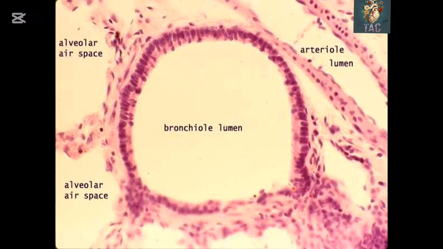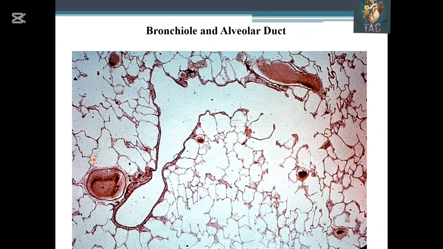So here you can see in this slide again the bronchiole, which is lined by simple columnar epithelium over here. Here you can see the lumen of the arteriole, and these are the alveolar air spaces which are present in the surrounding area. This is another very important slide from your OSPE as well. This is one of the easiest slides in the first year where you identify the lung.